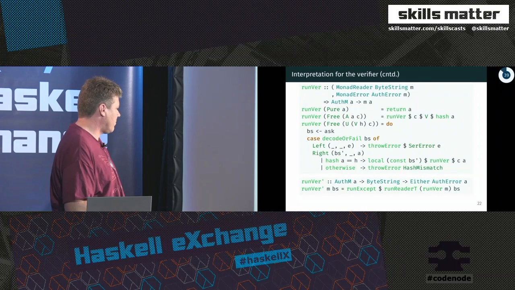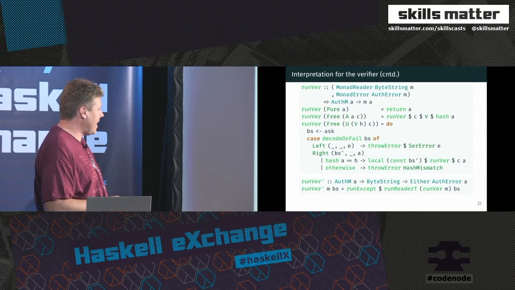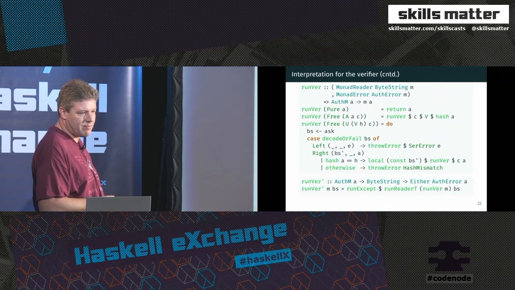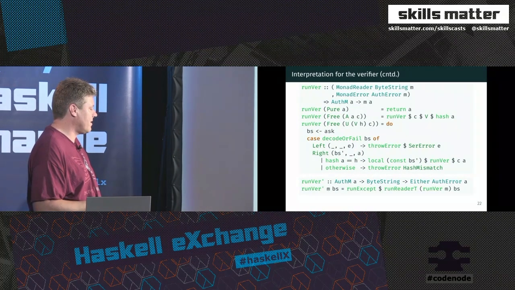Right, and now this is the check. I check that the hash I was holding here is indeed the hash of what the prover sent me in the proof stream. If yes, then I continue with the rest of the proof stream, and otherwise I throw this mismatch error.